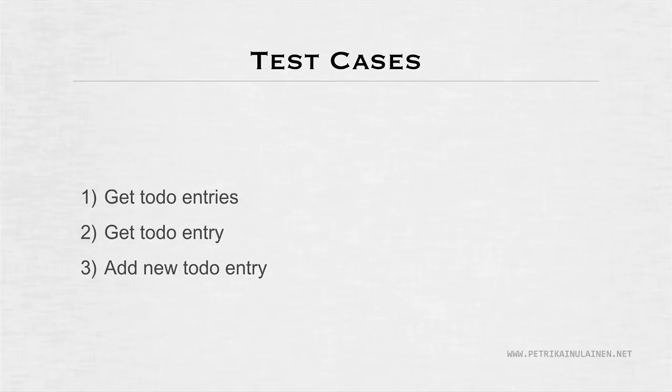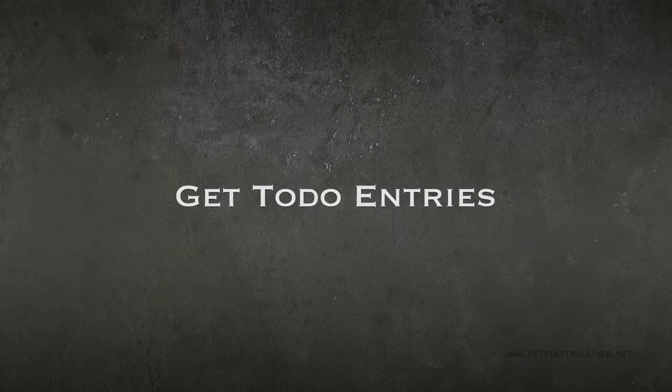The third controller method is used to add new to-do entries to the database. First, we will write a unit test for a controller method which returns a list of to-do entries. Let's start by taking a look at the implementation of this controller method.